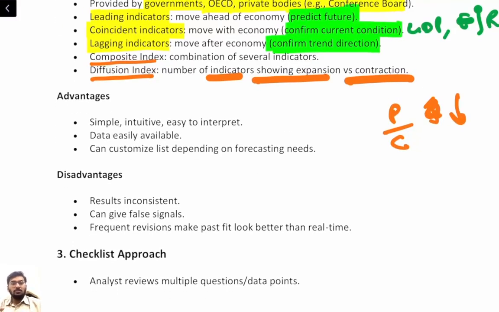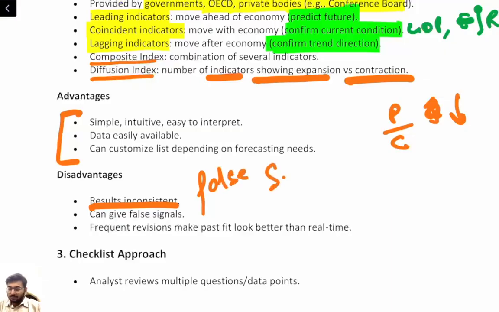So if you look at the first one, it is simple and easy to understand, data is readily available and we can make our own indicator list. All these things are very easily possible. Now sometimes the results are inconsistent, meaning they will give you a false signal. Suppose it gives you the signal that recession is going to come, you will sell all your stocks.